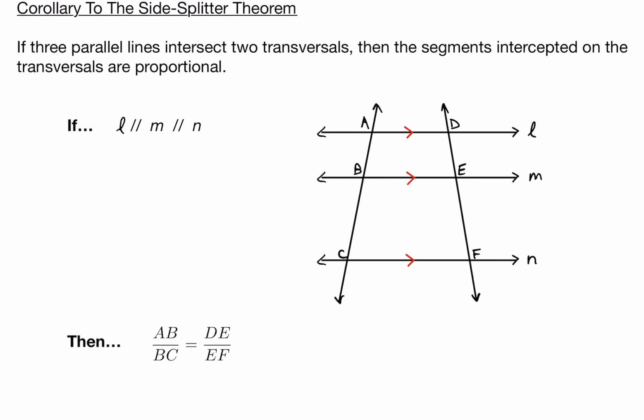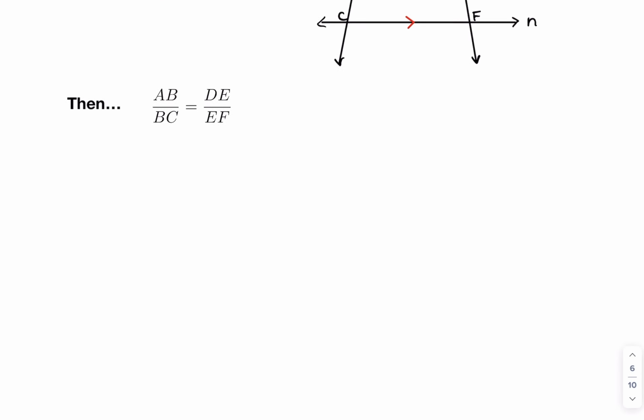For example, the proportion of AB to BC is the same as the proportion of DE to EF. So that is the corollary to the side splitter theorem. Let's go ahead and take a look at an example.